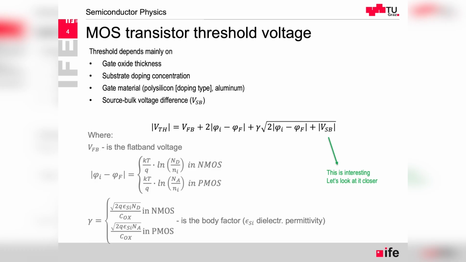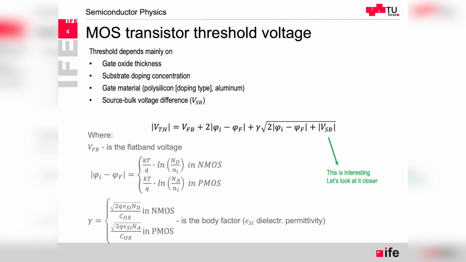Let's look at the complete list, because there are some things that are easier to see in the equation and in the list to have the overview. So what you can see in the middle is the threshold voltage expression, which is the flat band voltage. Then we have the Fermi potential and also the intrinsic potential, their difference.